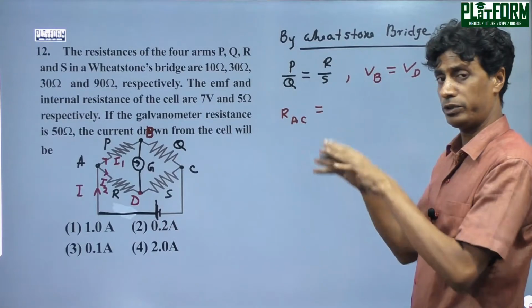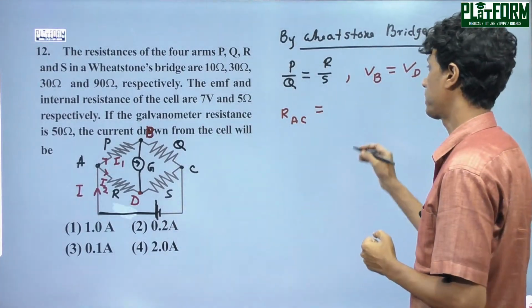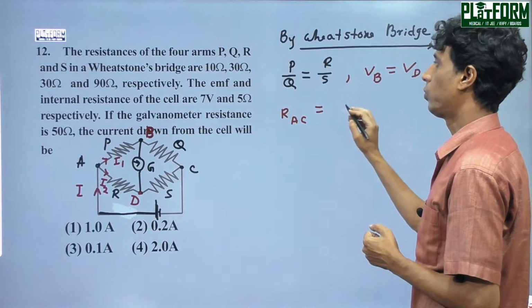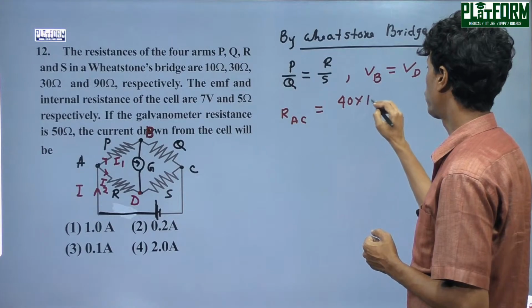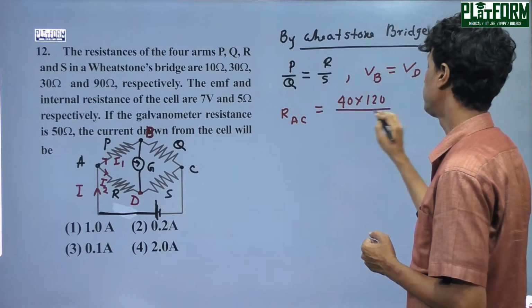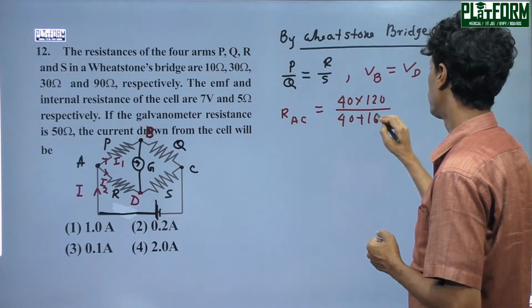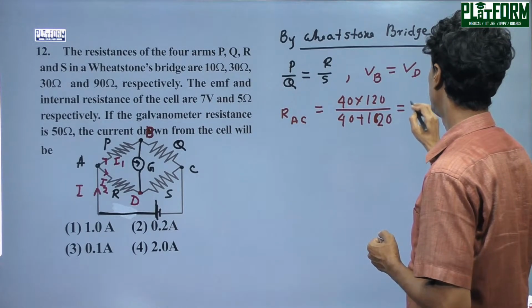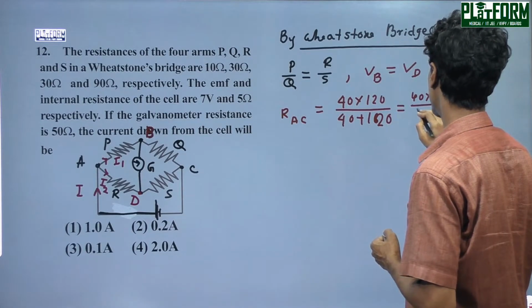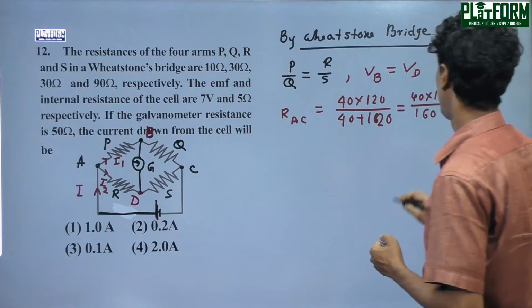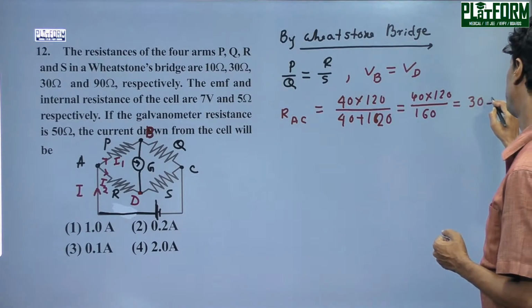PQ and RS being the two sides, current divides into two parts, so the equivalent resistance equals 40 into 120 by 40 plus 120, sorry, 160, and this is 30 ohm.